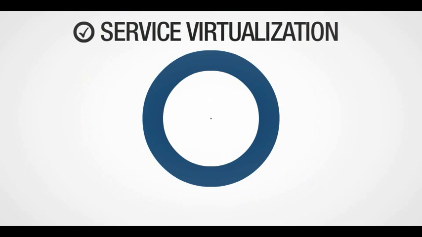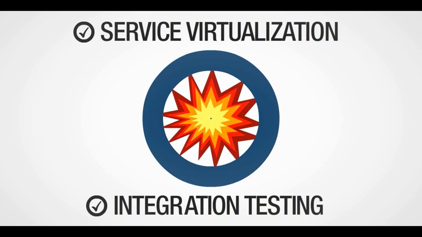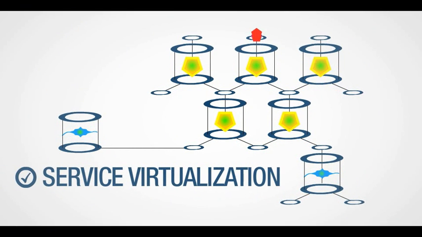Service virtualization, combined with automated integration testing, enables you to reduce today's testing bottlenecks and avoid those nasty late-stage Big Bang integration issues. Using service virtualization, you can quickly create and use virtual components to simulate unavailable software and services, so you can test much earlier than before.